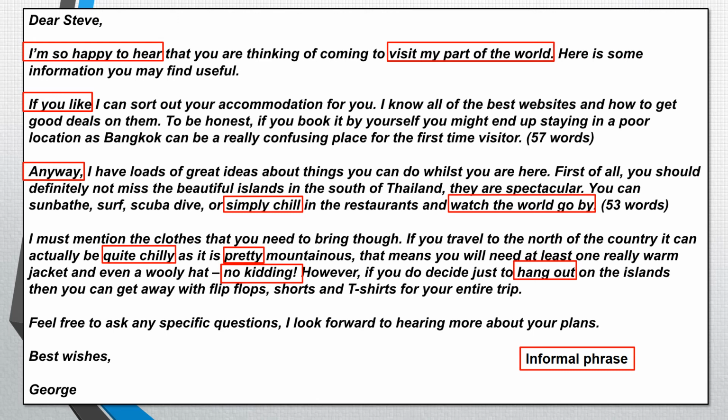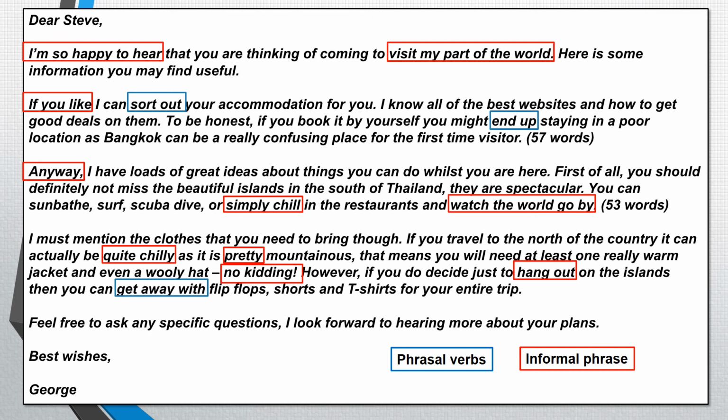You can also add phrasal verbs, as we've actually used four in this letter. We've used sort out, which just means to organize. End up, which just means to finish.